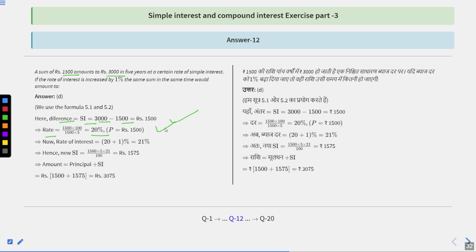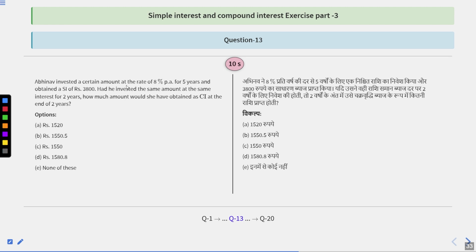So principal is 1500. Now the rate of interest is increased by 1%. So the rate of interest will become 20 plus 1, which is 21%. So our new SI will be 1500 multiplied by 5 multiplied by 21 upon 100. So it will become 1575. So the amount is principal plus simple interest. So the amount will become 3075 rupees. This is the correct answer. Next one.